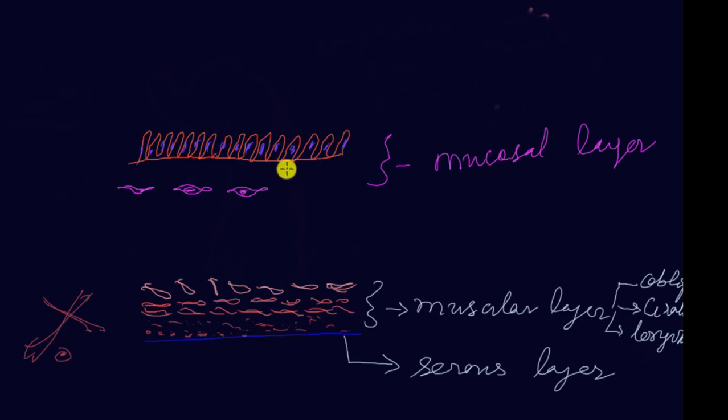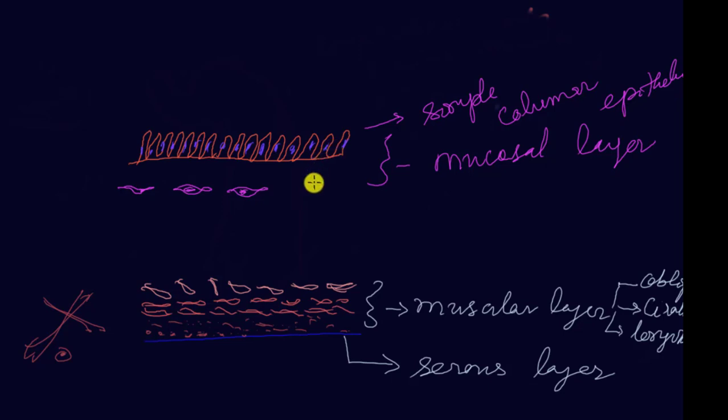In the mucosal layer there are the longitudinal cells, and these cells are simple columnar epithelium.